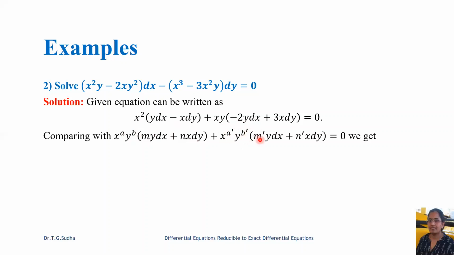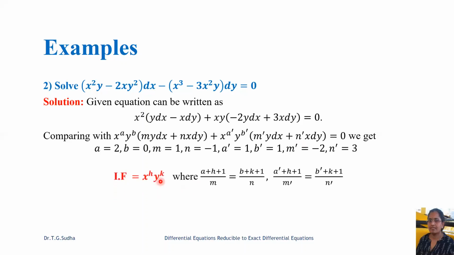Minus 2y dx, therefore m dash is minus 2. Here 3x dy, therefore n dash is equal to 3. So on obtaining the values of a, b, a dash, b dash, m, n and m dash, n dash, we can obtain the integrating factor that is given by x to the power of h into y to the power of k, wherein h and k are determined by these two expressions.